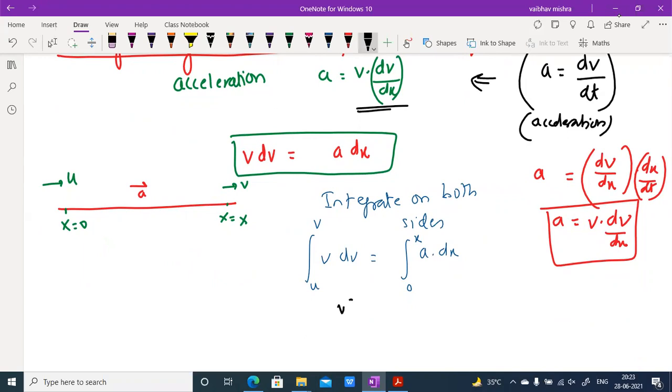The integration of v is v square by 2, limit from u to v, equals integral from 0 to x of a times dx. Integration of v is v square by 2 and apply the limit. Upper limit is v, lower limit is u.